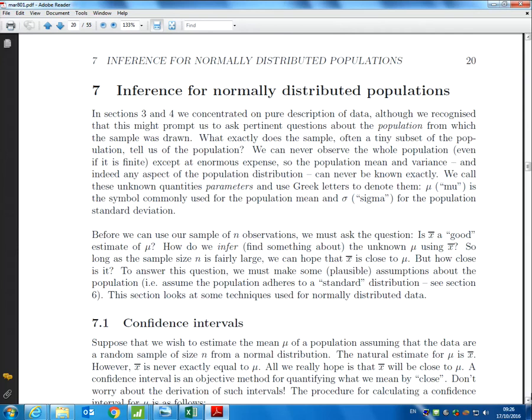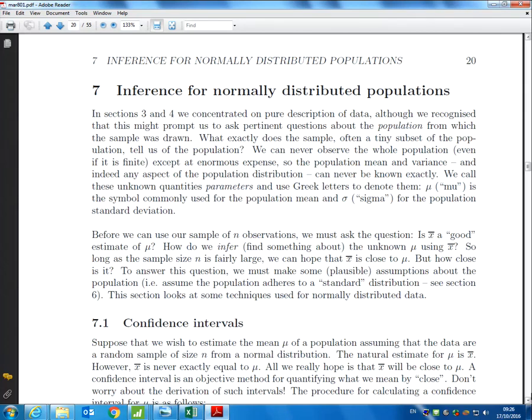Now, what about the standard deviation, a measure of dispersion? It uses all the data, but what about the symbols? S for a sample, and for a population, it's lowercase sigma.